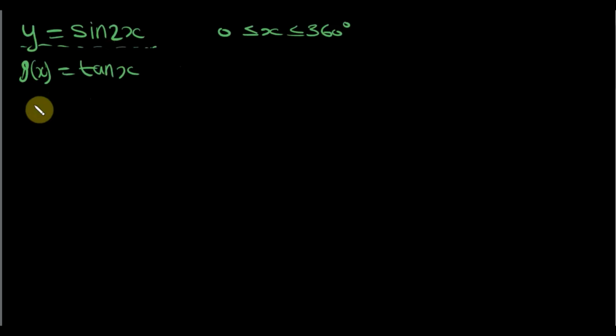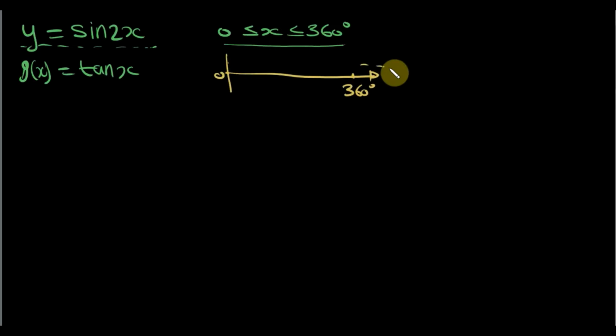Okay, so let's plot y is equal to sine 2x. Before I do that, let me explain what the domain means. The domain means that the graph that we'll plot should start from 0 and then end at 360. We cannot exceed 360.